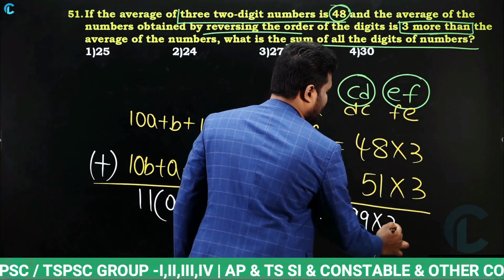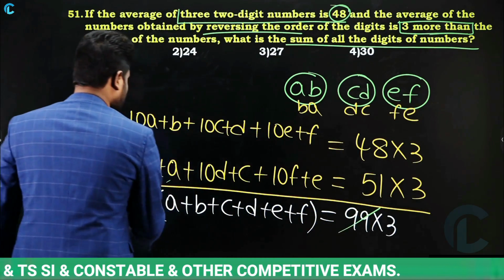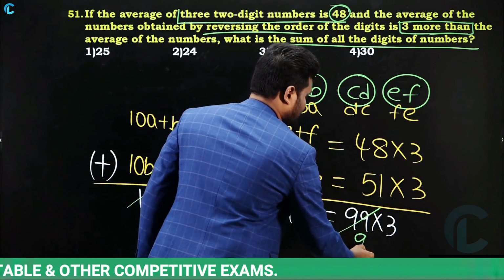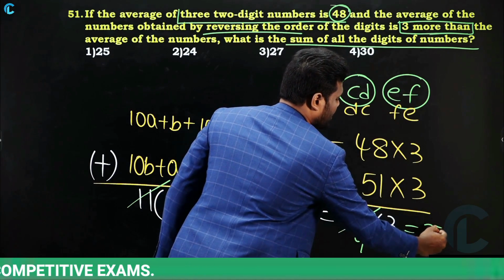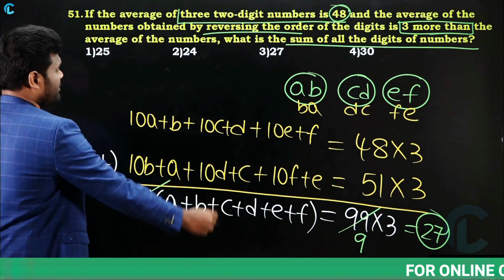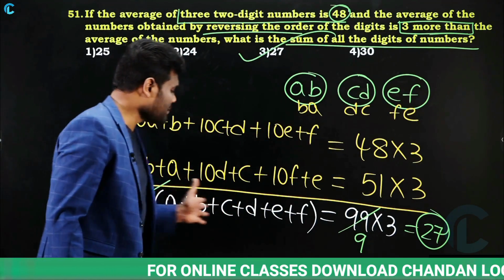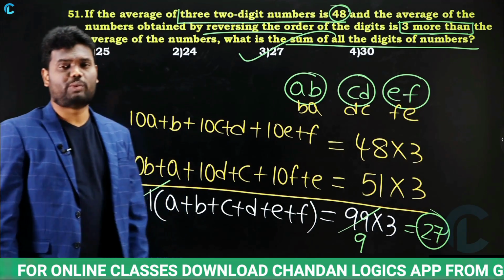So 99 into 3. Yes or no? So calculate this. 99 cancels with 11 how many times? 9 times. So 9 into 3, it is going to be 27. So I can say that the answer for this question is going to be 27. So what is the sum of all the digits in the number? The sum of all the digits in the number is nothing but 27.